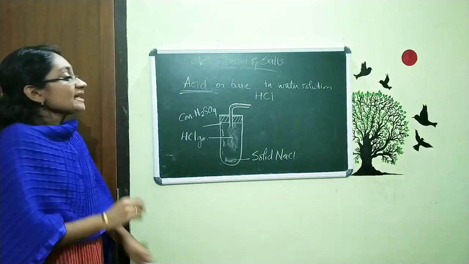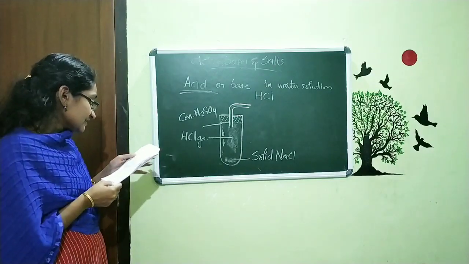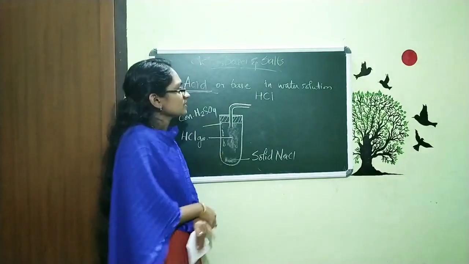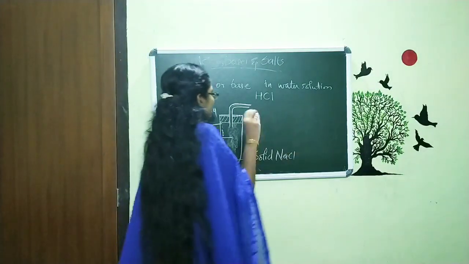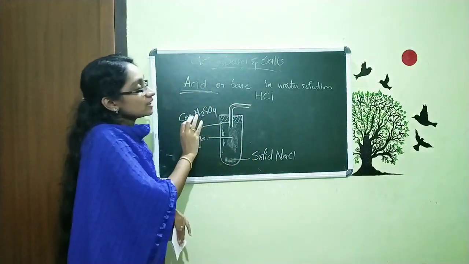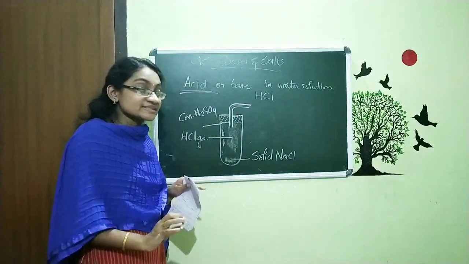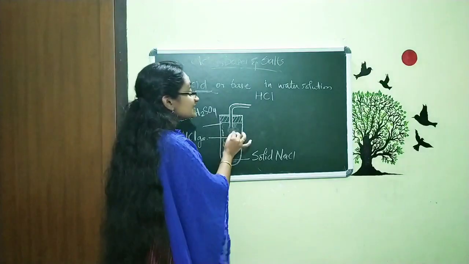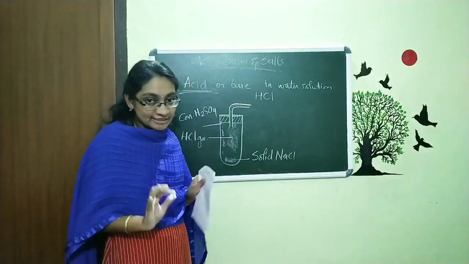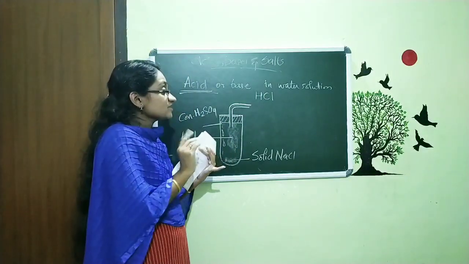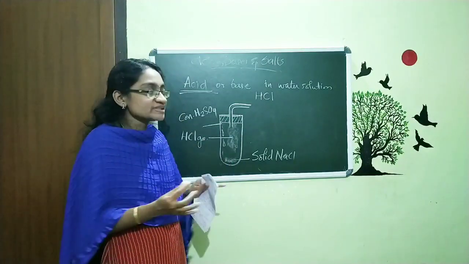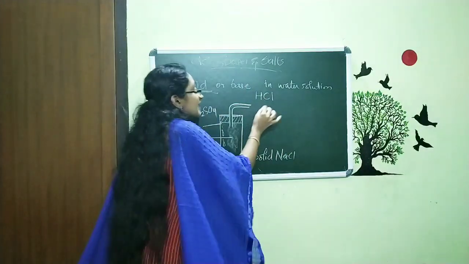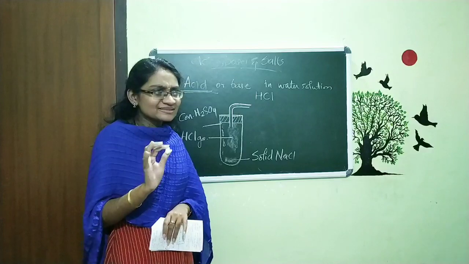And in your textbook you can see another setup attached, the guard tube. Now we are going to explain what this guard tube is. In some cases, the atmosphere is full of moisture and water content, and our aim is to get this HCl gas without any water content. That is our first aim. When the atmosphere is full of moisture, this HCl suddenly reacts with the moisture present in the atmosphere. Moisture means water content.